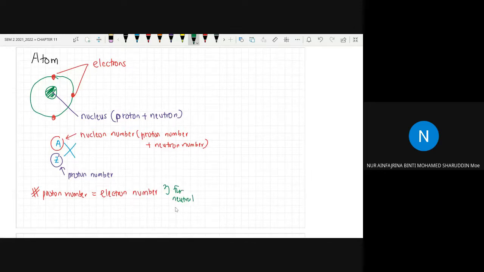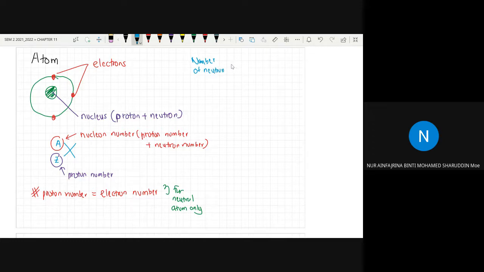I would love it if you could copy this. How do I find the number of neutrons only? How do I find the number of neutrons? What minus what?